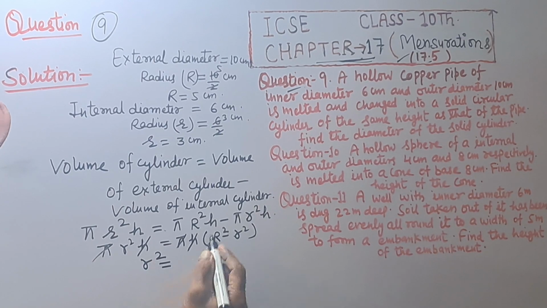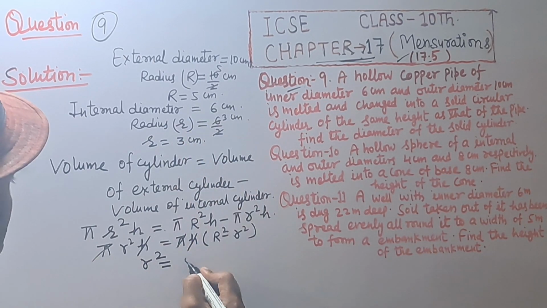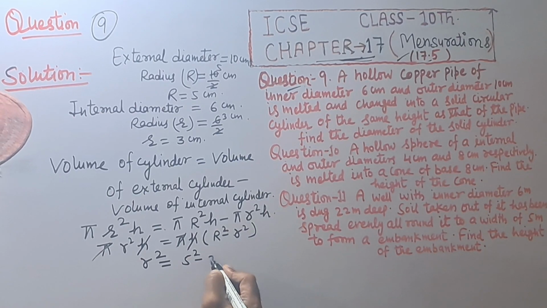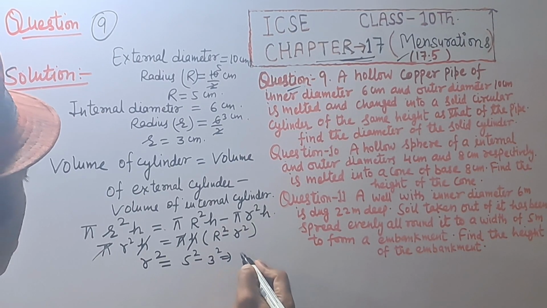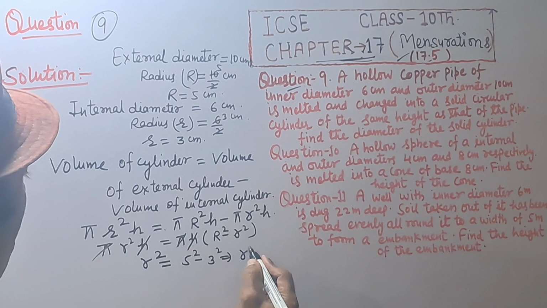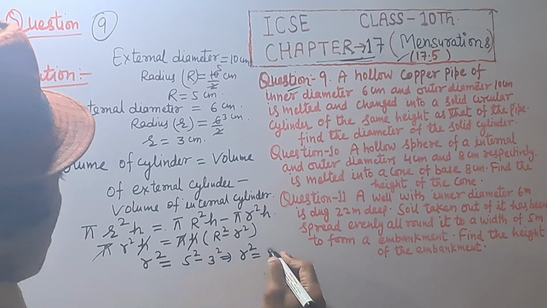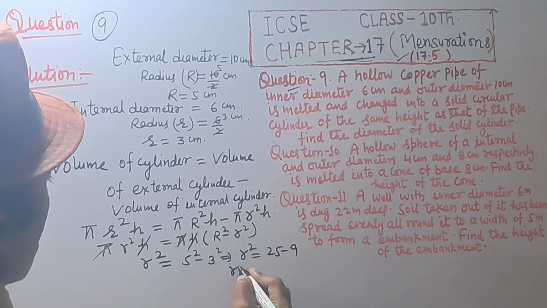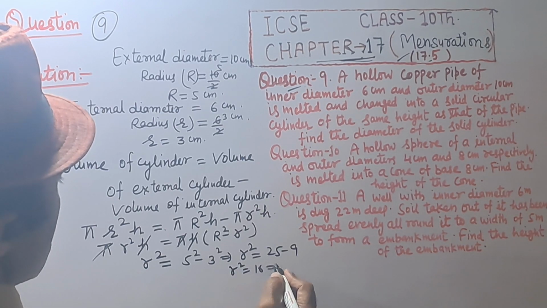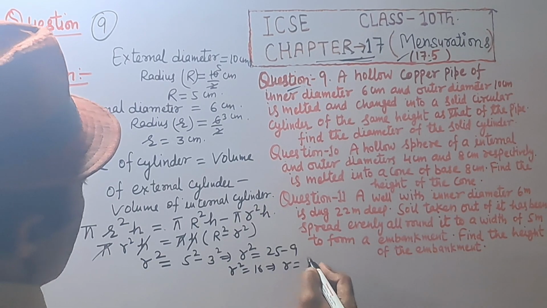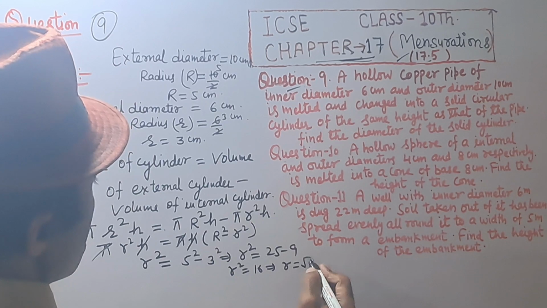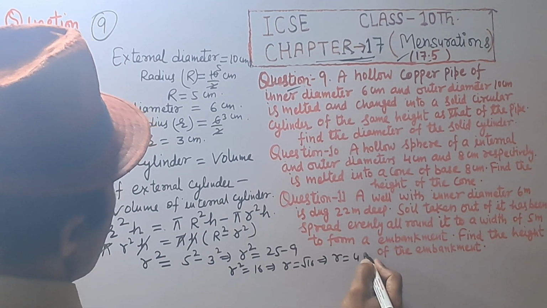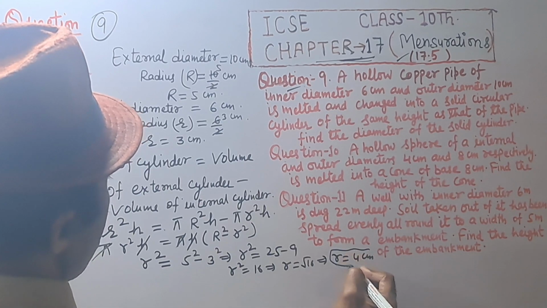So r square is equal to capital R is 5 square minus small r is 3 square, which implies r square equal to 25 minus 9. R square is equal to 16, which implies radius equal to under root 16. So r is equal to 4 centimeter.